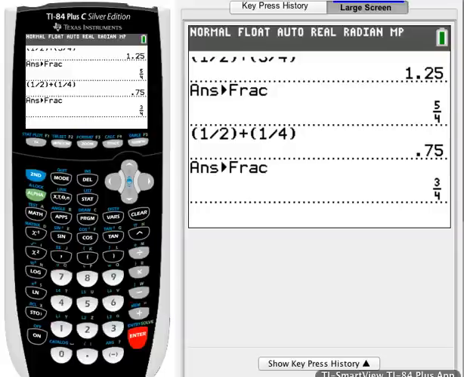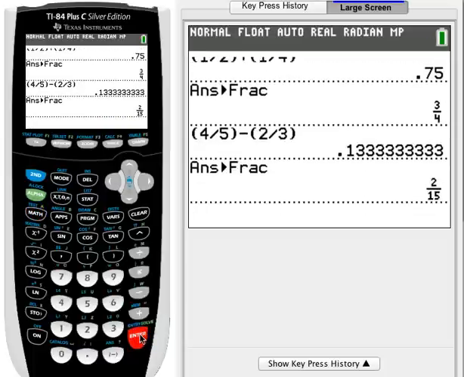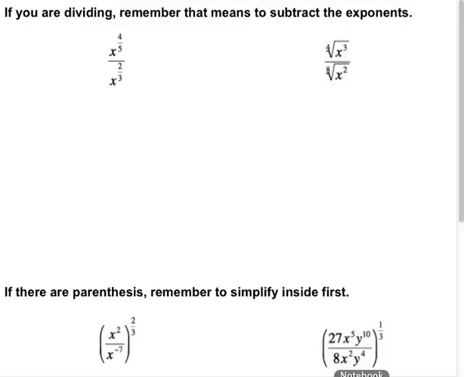Again, I'm going to use my calculator to keep this easier: 4/5 minus 2/3. I want that as a fraction. You get 2/15, so this turns into x to the 2/15 power. It's not horrible. All you have to know is how to use the calculator to help you with this.